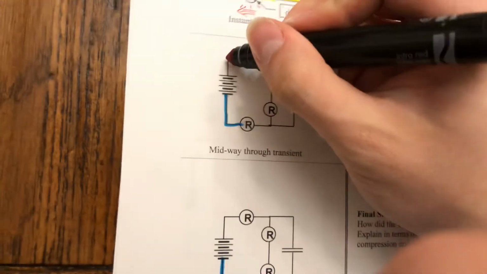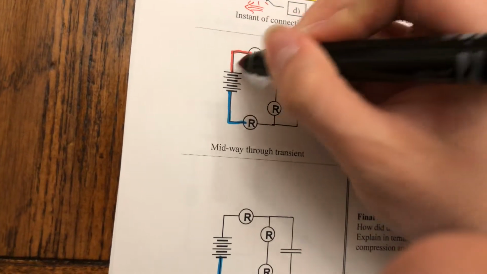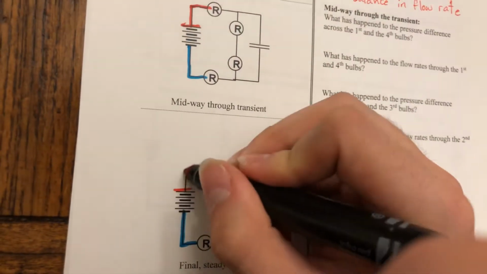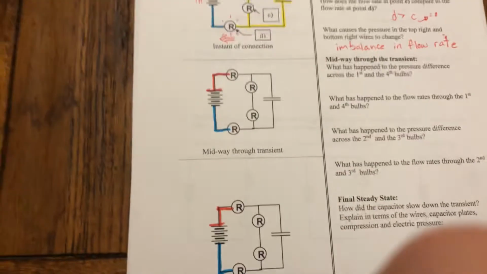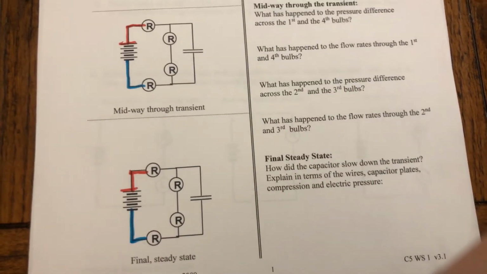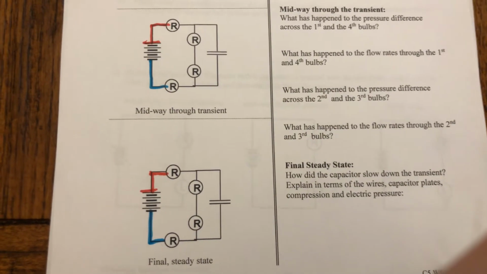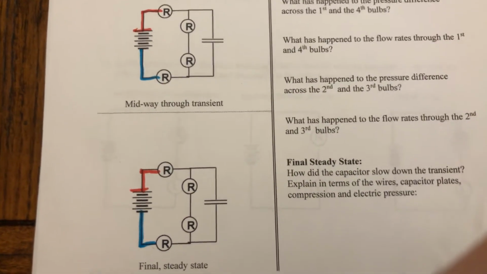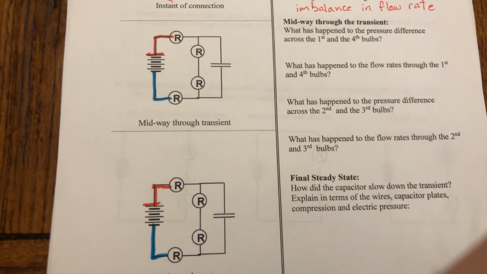And we've still got red at the top, because the job of the battery, just in case you've forgotten, is to make it so that the pressure difference from the top of the battery to the bottom of the battery is always the same. So those wires will never change from blue and red to a different color. They'll always have to be that color.